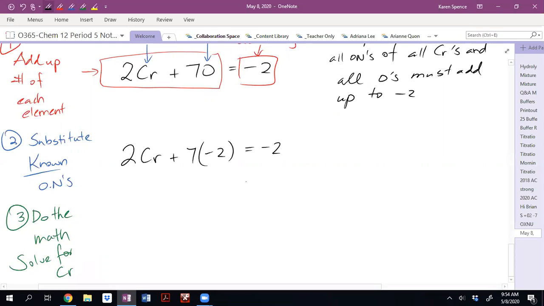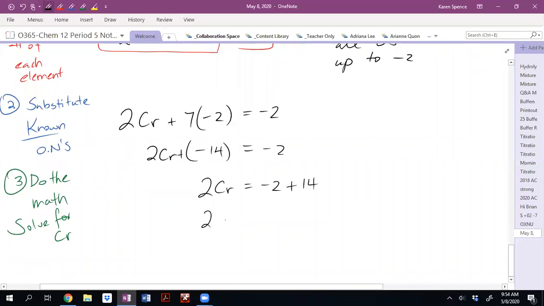I'm going to do all the math, probably more steps than you normally would. -14 plus 2 chromium equals -2. Then 2 chromium is equal to -2 plus 14.